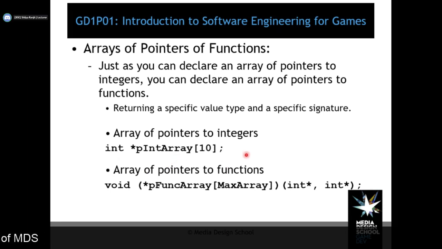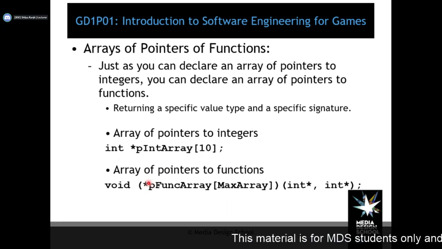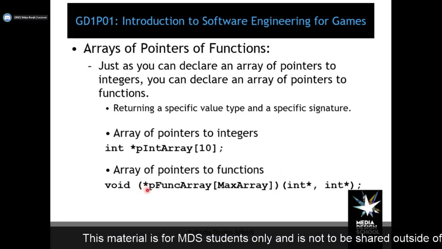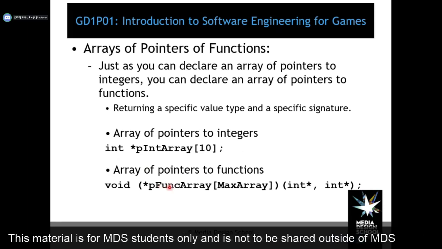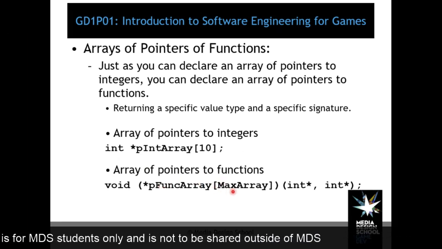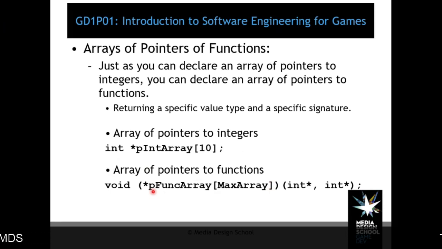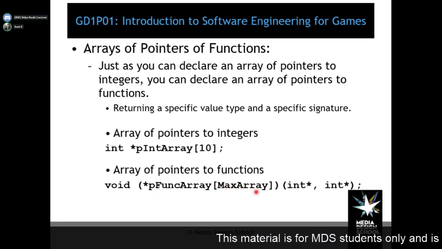Similarly, to create an array of pointers to functions, because a pointer to a function has to be tightly bound in this manner, you would say asterisk p-func array, and you will also need to give the dimension in square brackets. So if you want an array of 10 pointers to functions, you would say asterisk p-func array, and in square brackets you would give 10.